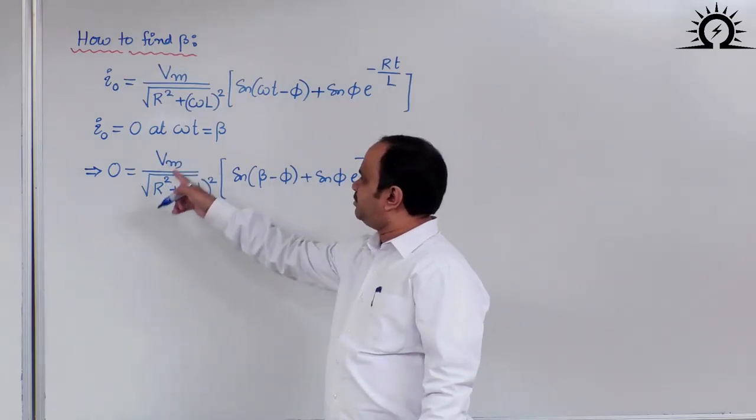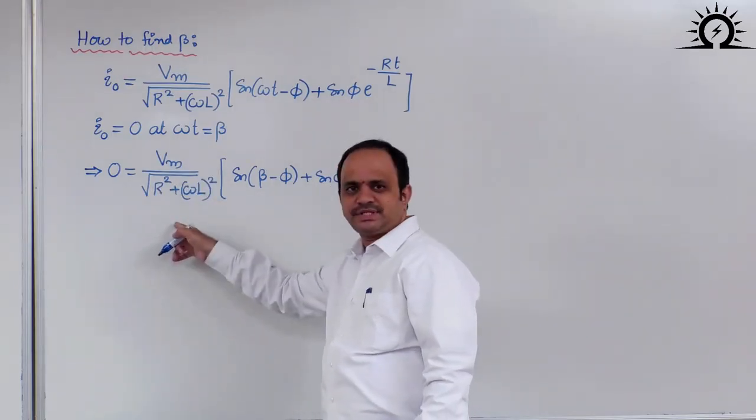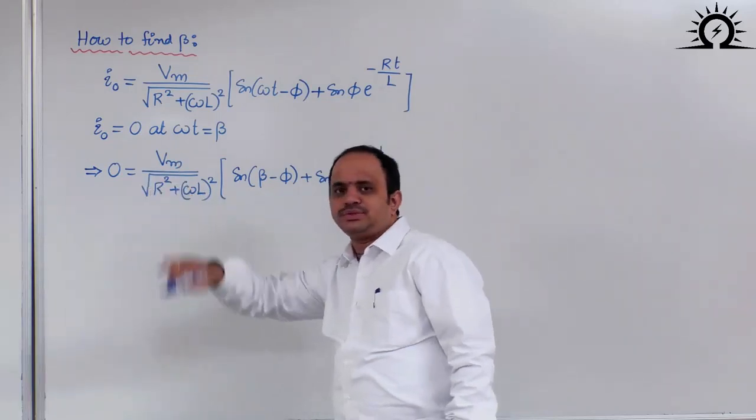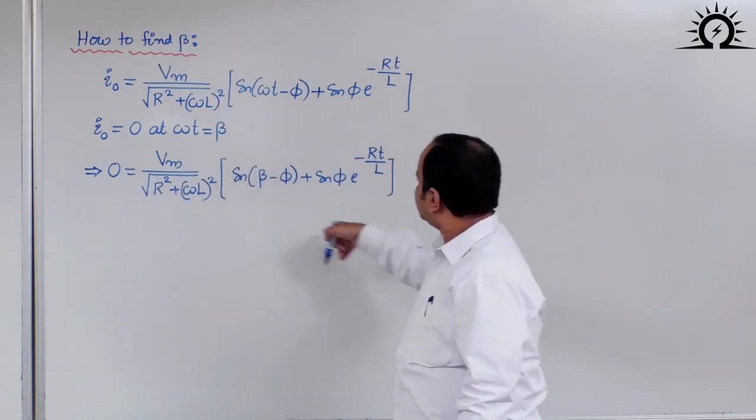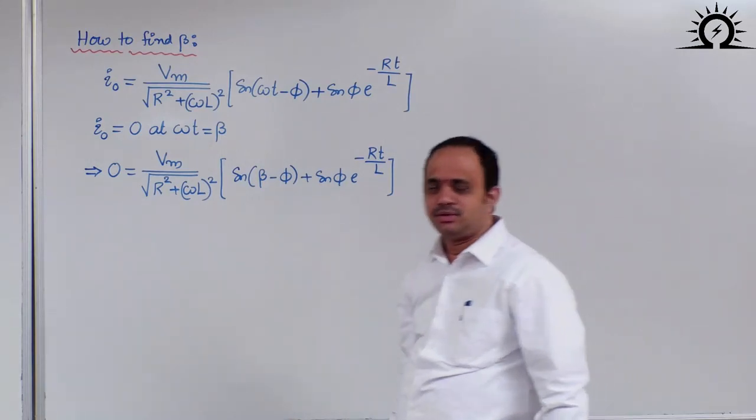If you substitute Vm, R, omega and L, this number is a fixed value. Therefore, for this equation to be satisfied, the value inside this square bracket has to be 0.